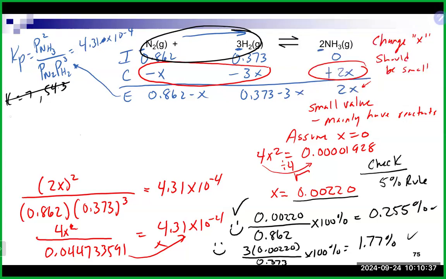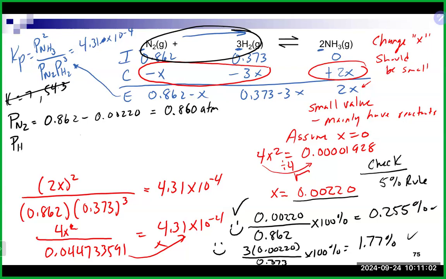That means that the partial pressure of N2 in this case would be 0.862 minus our X value of 0.00220. And that is going to get us something like 0.860 atmospheres. Remember, it does need units as they are pressures.